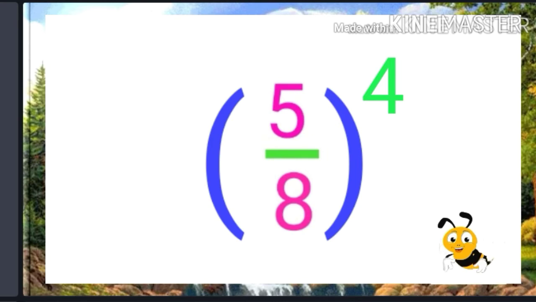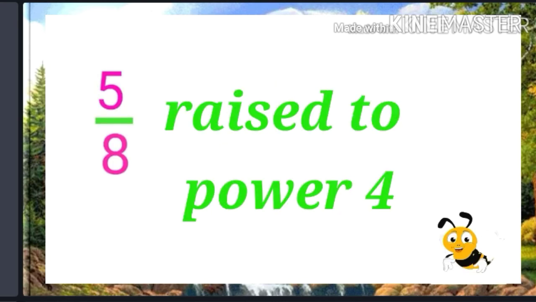You can write this as (2/5) raised to power 4, and this process goes on: (2/5) raised to power 5, 6, 7, and so on. What do you say to 5/8 when it is multiplied by itself 4 times? You can write this as (5/8) raised to power 4, and this process goes on.